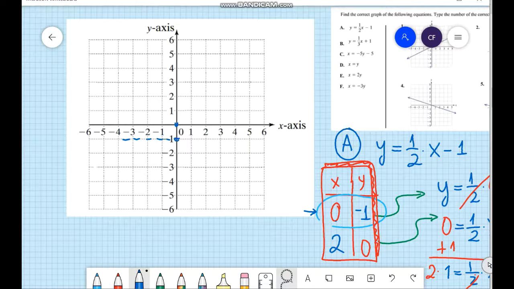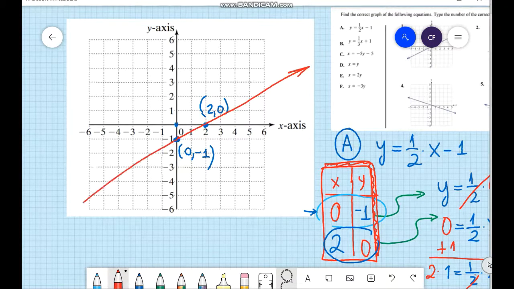So this is the first point, 0 and -1. The next point, we have x equals 2, y equals 0. This is the next point. Now we have 2 points, we can draw the line. See, this is the line.